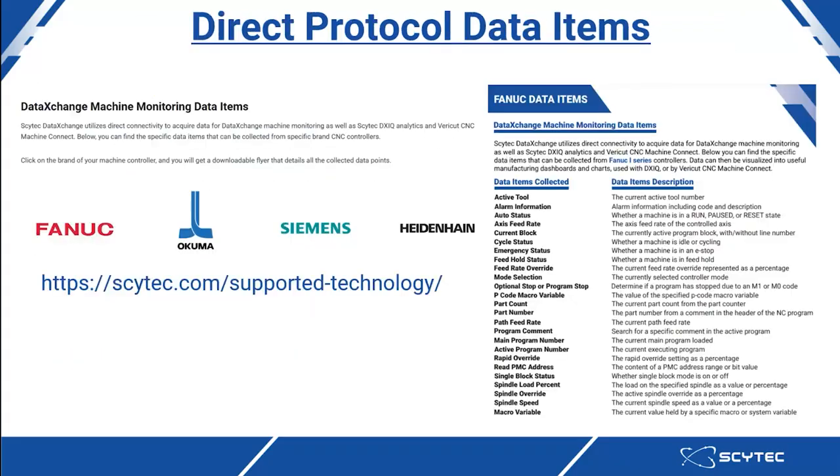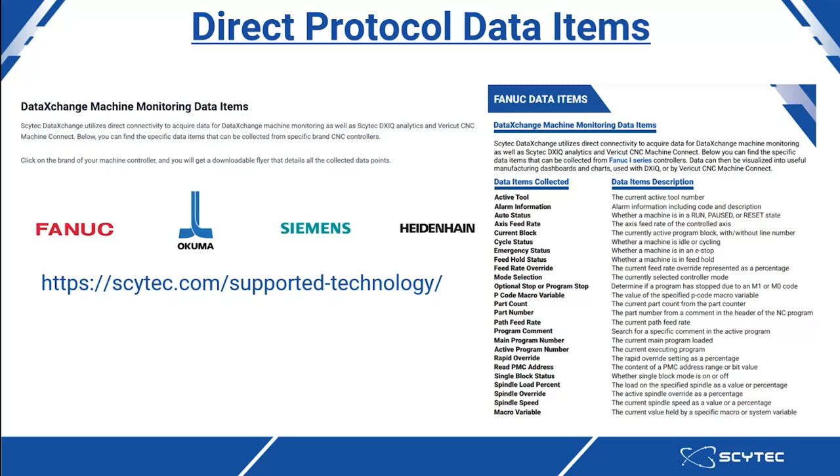So once again, if you go to our main Scytec.com website and go to the supported technology tab, you will see at the very bottom of the screen a bunch of common machine brand logos, where if you click on one, you will be greeted with the direct protocol access data items. And the one that you can see over there on the right-hand side of the screen is the FANUC data items, and that includes a very rich set of data items that are reported by DataXchange, which can include things such as the active tool, as well as a description of the data item.